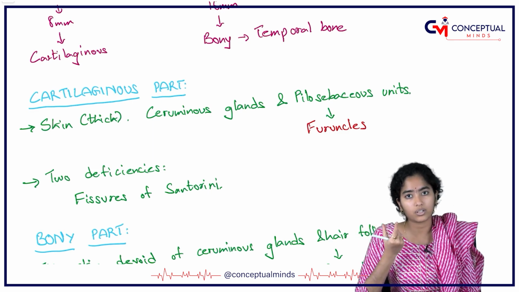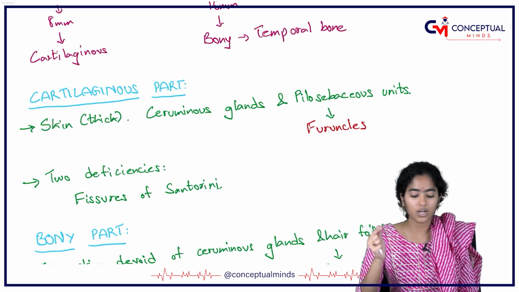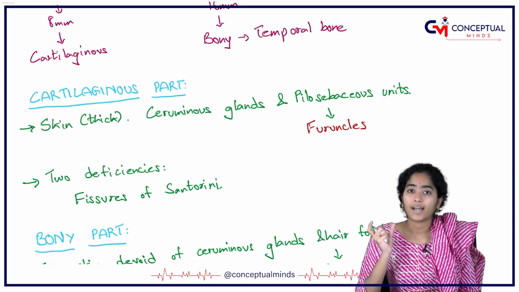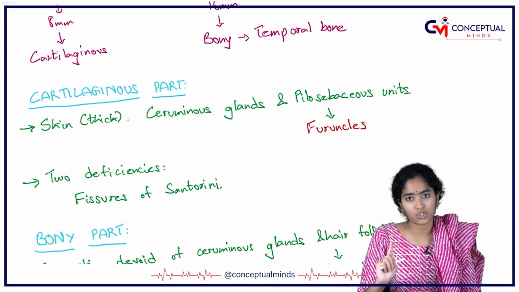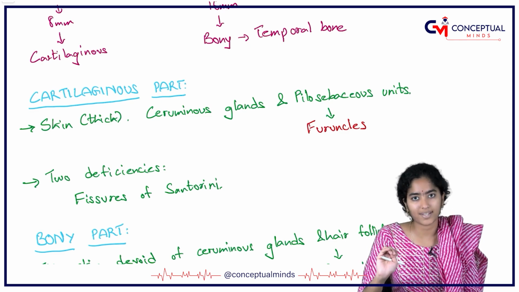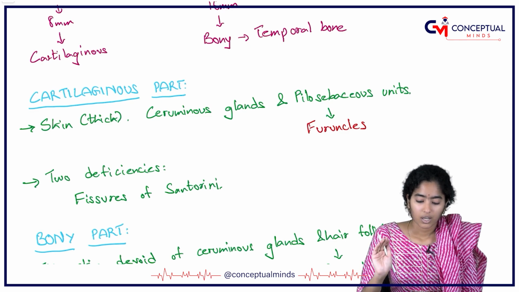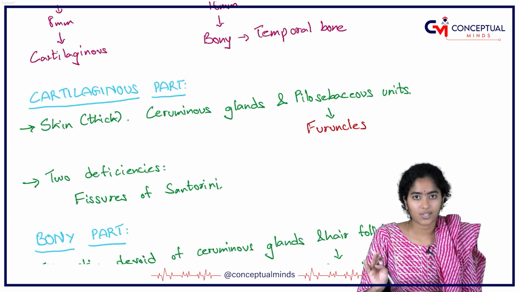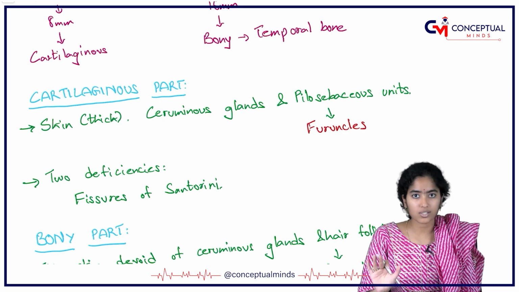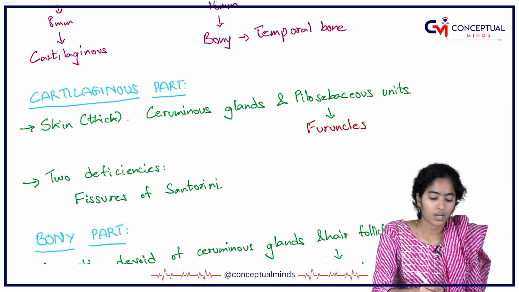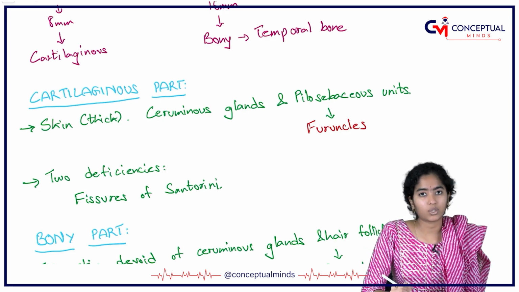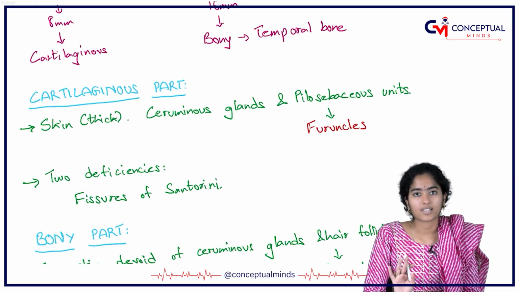And in the outer cartilaginous part, the deficiency is called fissures of Santorini. And inside the bony part also there are deficiencies, not compulsory but could be present, and they are the foramen of Huschke. Now it's very clear, but in an MCQ exam if you see options, by chance if you face any confusion: cartilaginous part, Santorini, C and S sound similar.